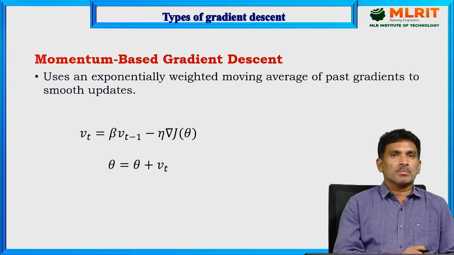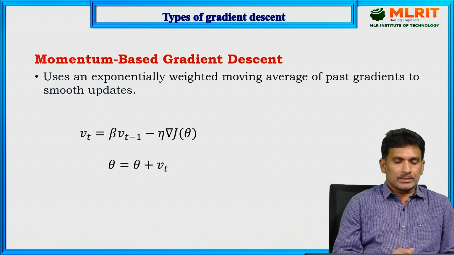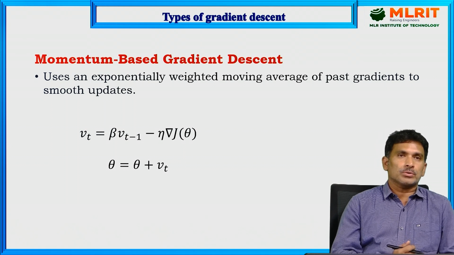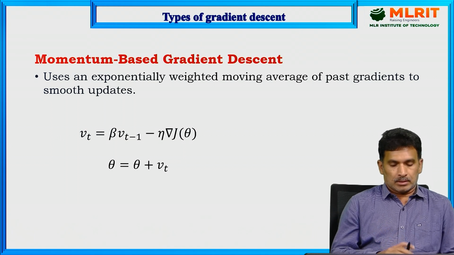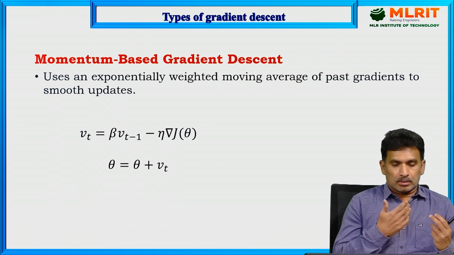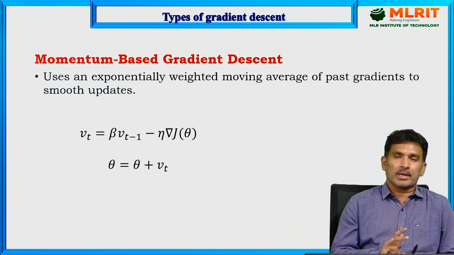Next, momentum based gradient descent. It uses an exponentially weighted moving average of past gradients to smooth updates. So far we discussed batch gradient, mini batch gradient, and stochastic gradients.